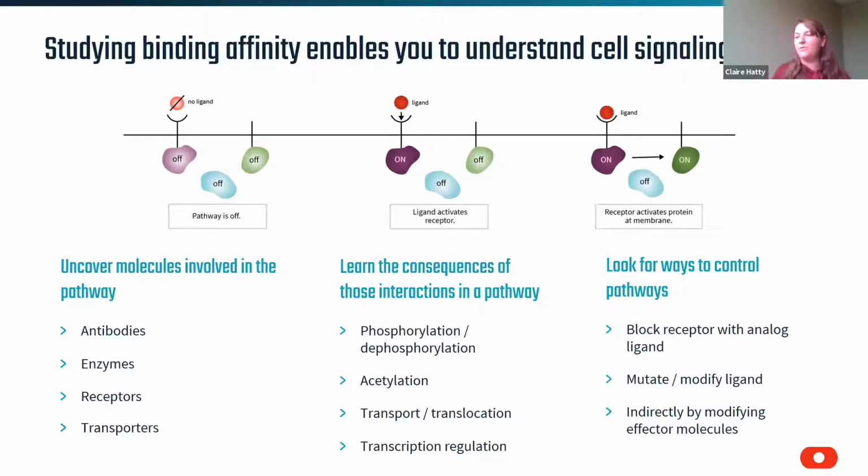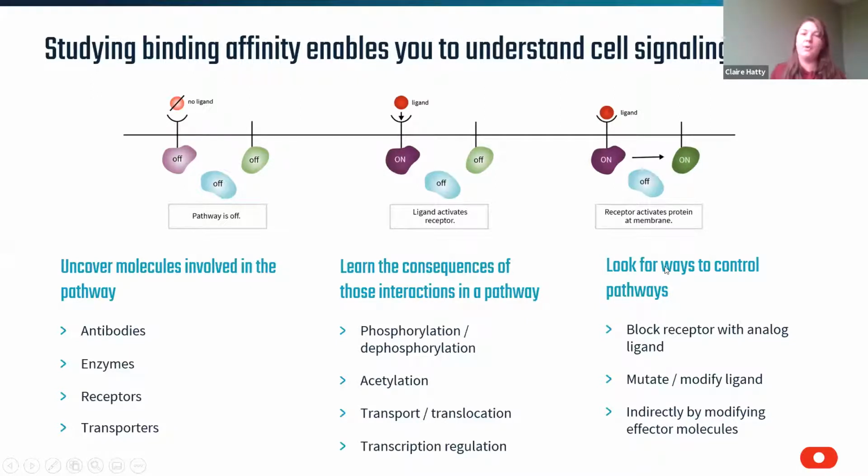First, we might want to uncover molecules involved in a cellular pathway, which could be anything like antibodies, enzymes, receptors, or transporters. Secondly, we probably want to learn about the consequences of these interactions in this pathway, such as phosphorylation and dephosphorylation, acetylation, transport and translocation, and transcription regulation.